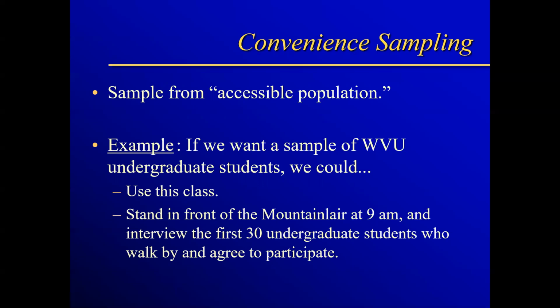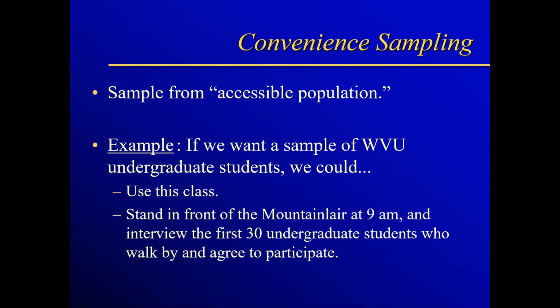And a lot of research, right? It's undergrads at the university that the research is being conducted at. It's just the accessible population that you have. So let's say, here's an example. We want a sample of WVU undergraduate students. I could just use this class, right?